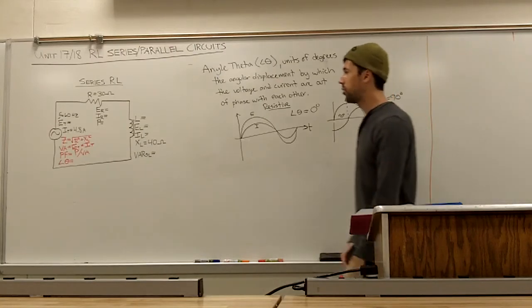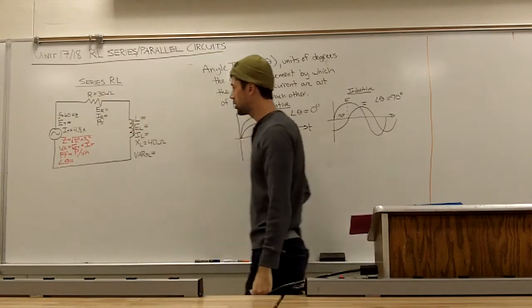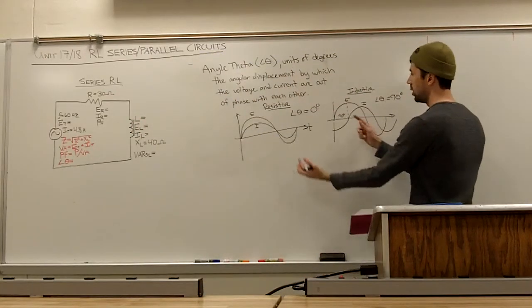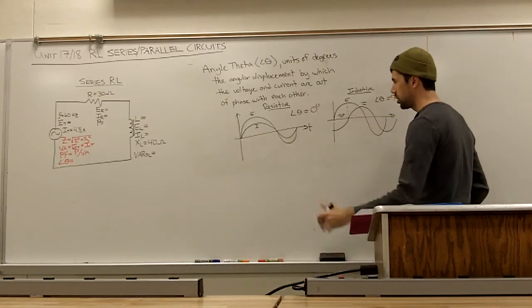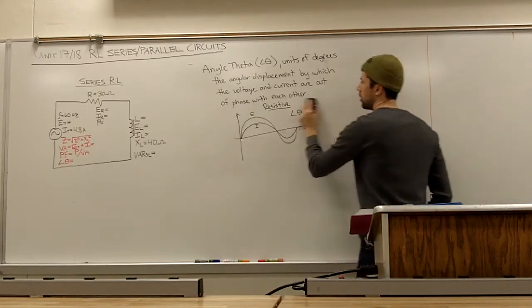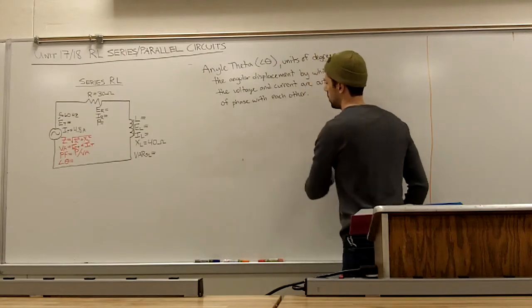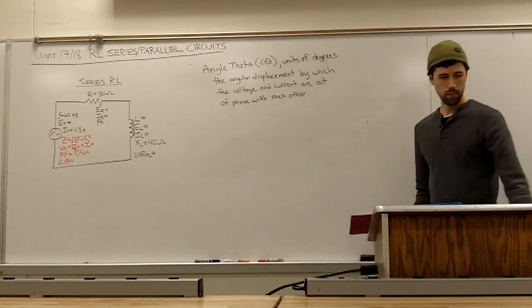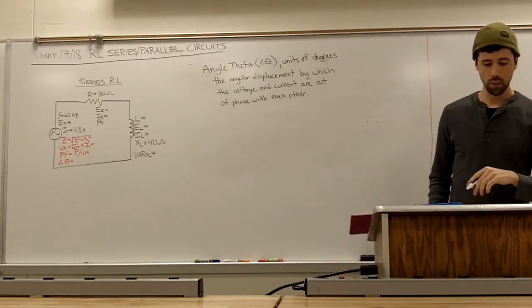Now, if we have both a resistor and an inductor in a circuit, it's going to be somewhere in between these two. So the question is, how do you calculate that? It's based on our power triangle.